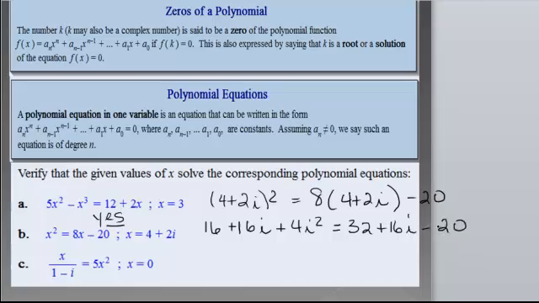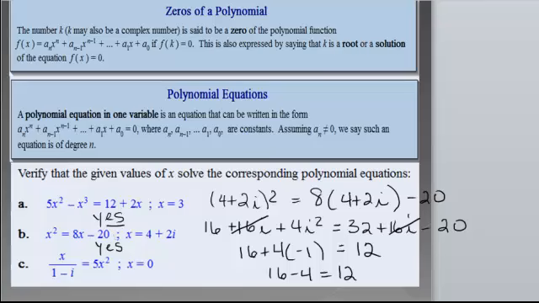Now if we were to subtract 16i from both sides, these will both be 0. So on the left we have 16 plus 4 and i squared is negative 1. Then we have 32 minus 20, which is 12. This would be 16 minus 4 equals 12. And that's also true. So yes, 4 plus 2i is a solution or does solve this equation.